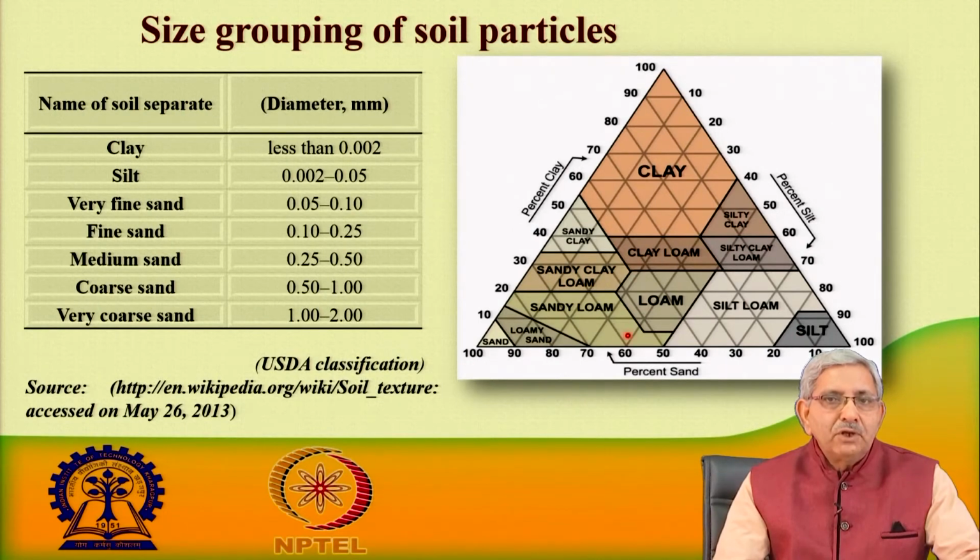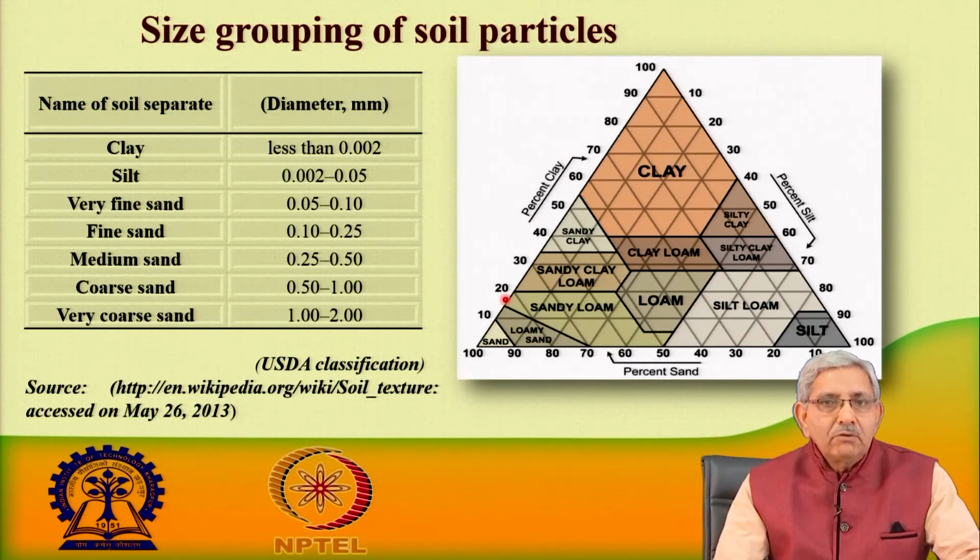Just now I was telling you about the different proportions. So, you can see here, suppose it is a sandy soil. This side of the triangle shows the percentage of clay, this shows the percentage of sand, and this particular side shows the percentage of silt.